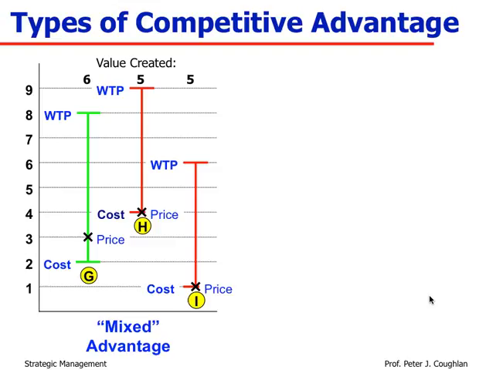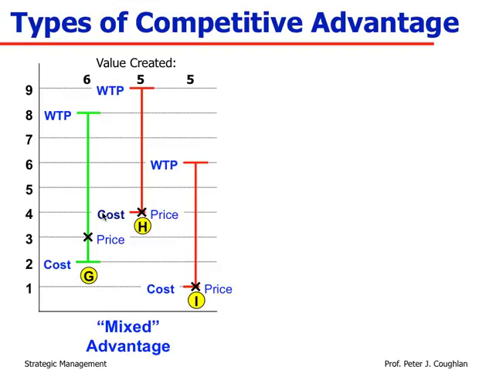They're pricing at cost. Firm G is offering a price of 3, which gives the customer a capture of 5, since 8 minus 3 is 5. And that's the best that either competitor can do. That still leaves room for firm G to have a profit. And again, firm G has an advantage because it creates more value. It has a larger gap between willingness to pay and cost.